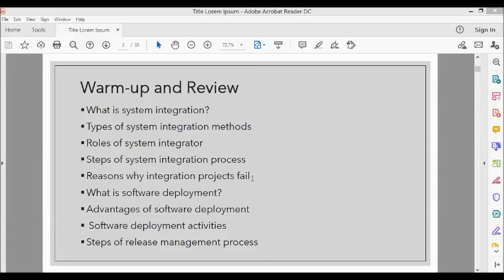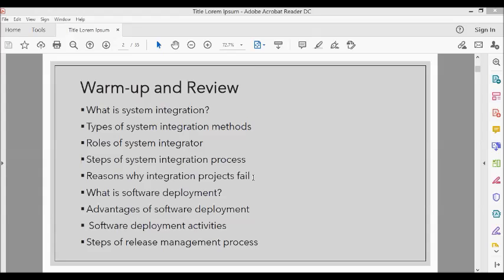It is referred to as an activity that makes a software system available for use. And we have discussed the various advantages of system deployment and the activities included in software deployment. It consists of release, install and activate, deactivate, adapt, update, built-in, version tracking, uninstall, and retire.